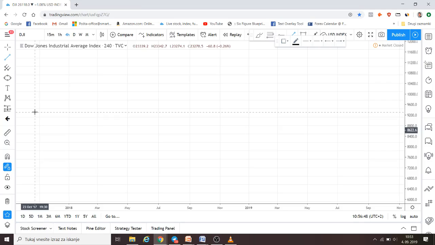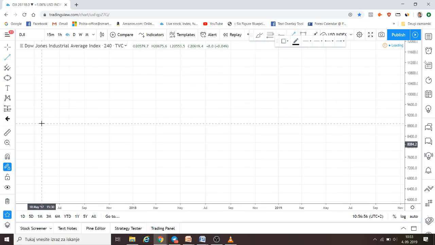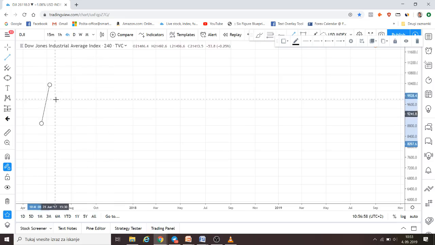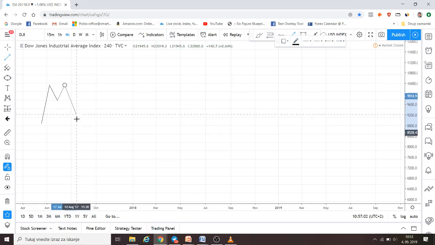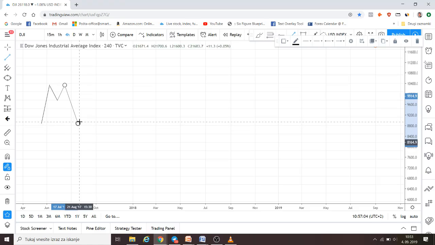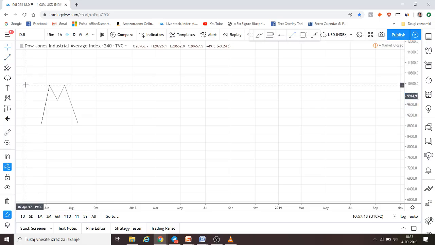So today I'll be showing you the patterns that you have to watch, that you have to be careful about. Okay, let's start. First one, the most famous one, double top.